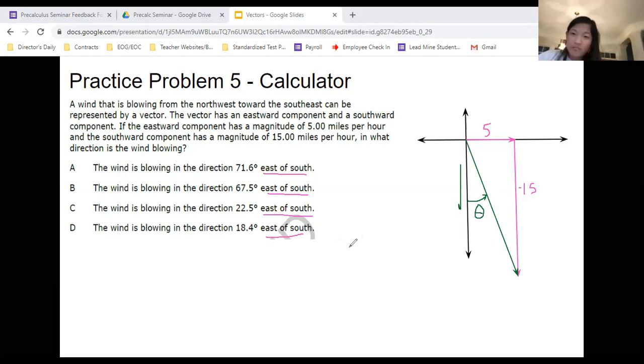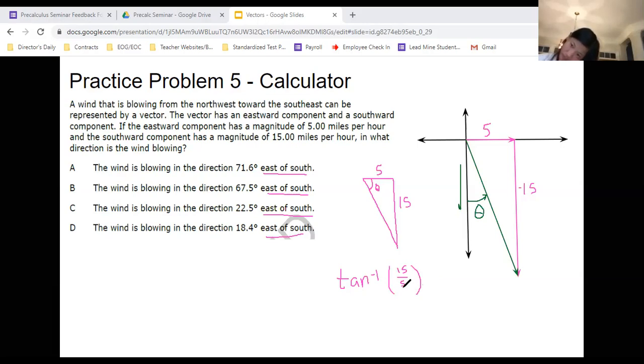There are a couple different ways I can do this. We're most familiar working with this triangle right here, so that's what I'm going to do, and then do a little bit of math at the end. I'm going to redraw this triangle. So that's 5, this is 15, and there is my theta. So I can do tangent inverse of 15 over 5.